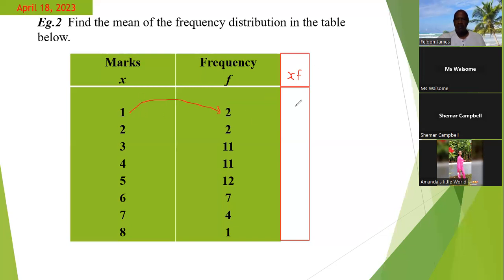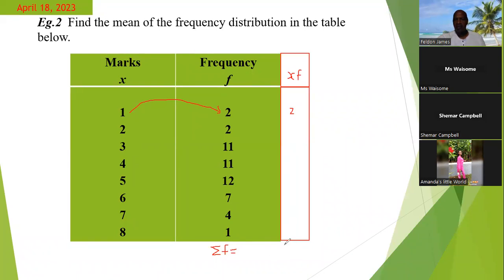So 1 times 2, you will get 2 here. So below this, you should have the sum of f, and you should put what that's equal to.